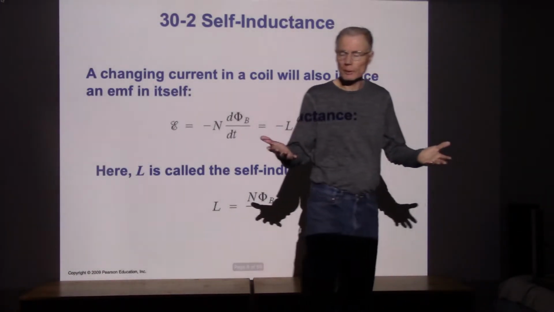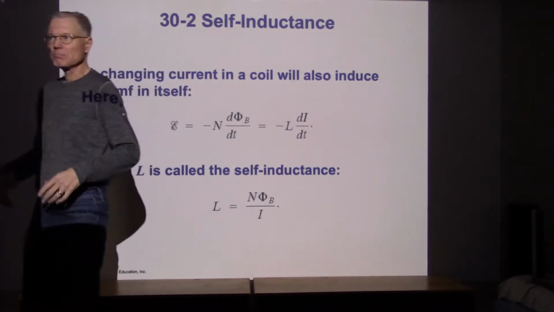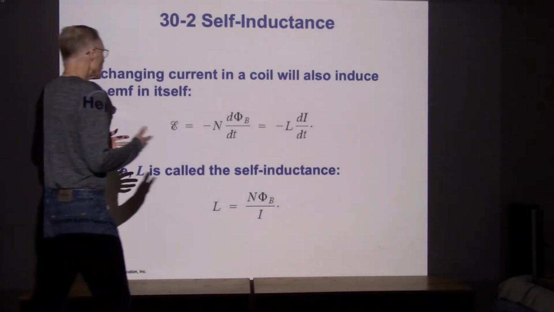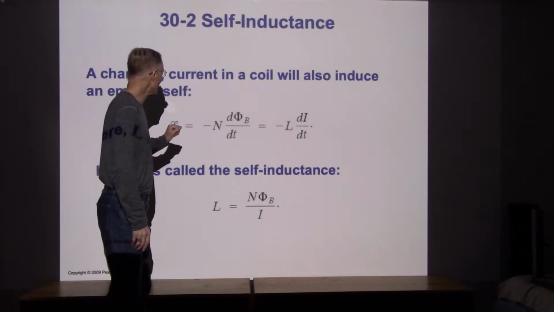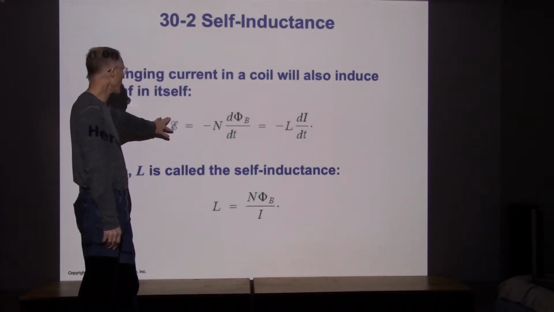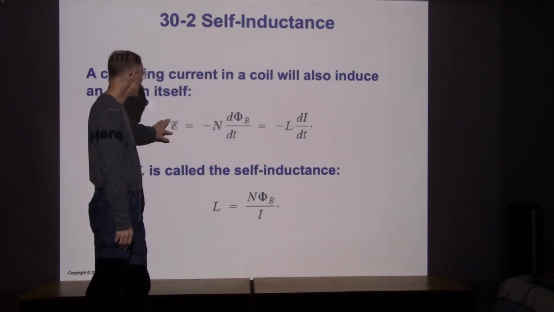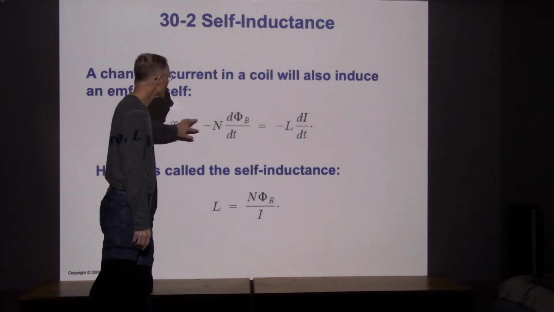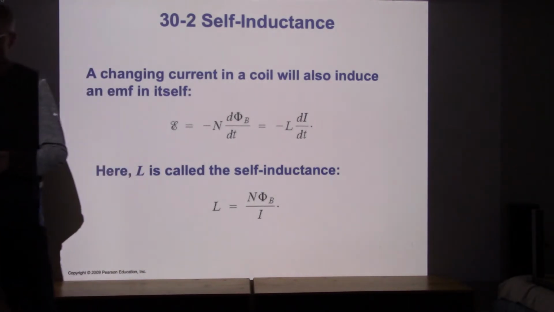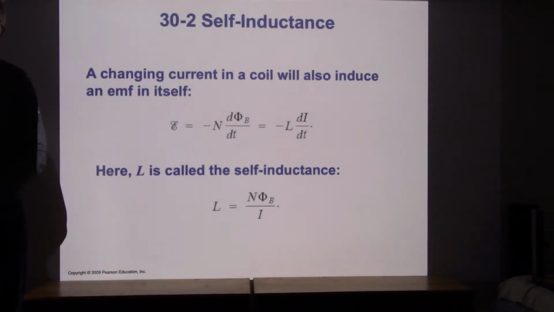Well, that was mutual inductance. What is self-inductance? So we define, again, some definitional equations here. Here is Faraday's law again, saying that there's going to be an EMF set up, and we can determine how much EMF by measuring the rate at which the magnetic flux is changing.